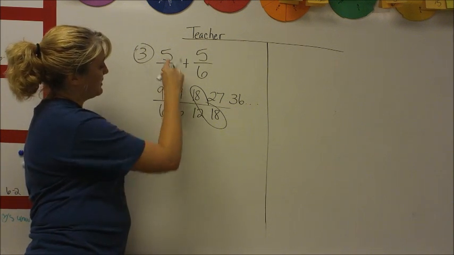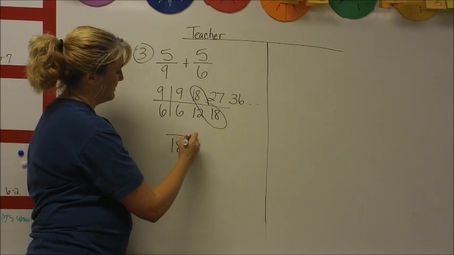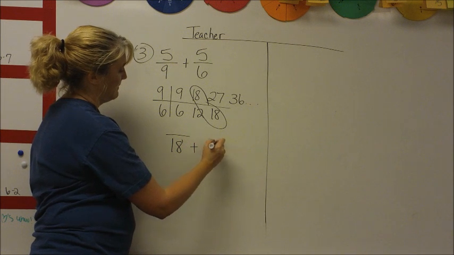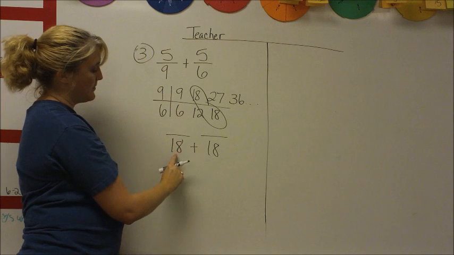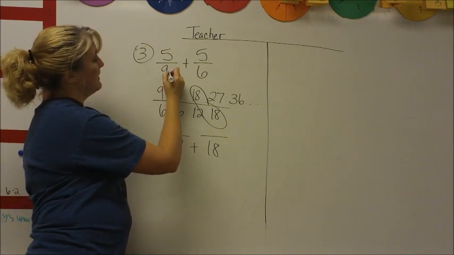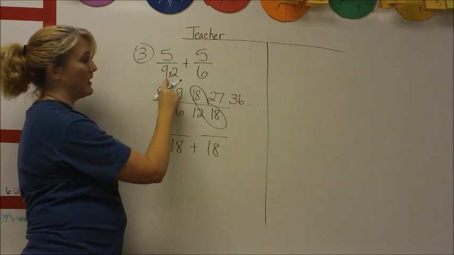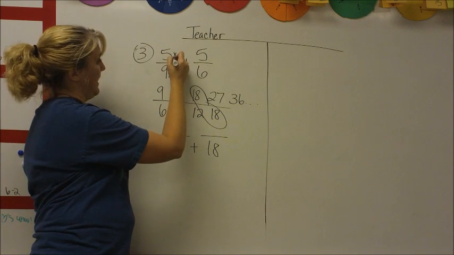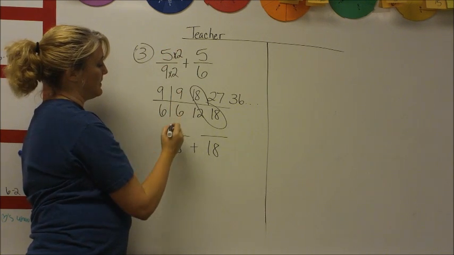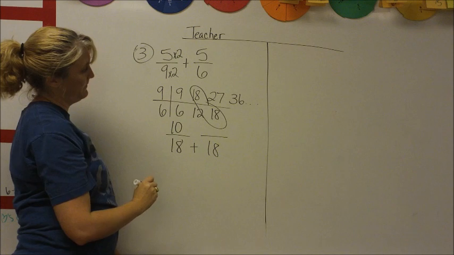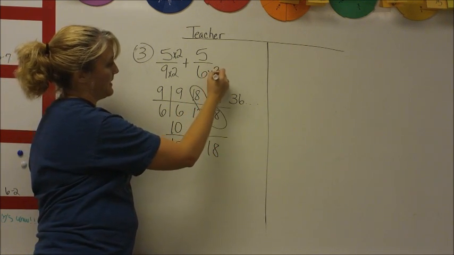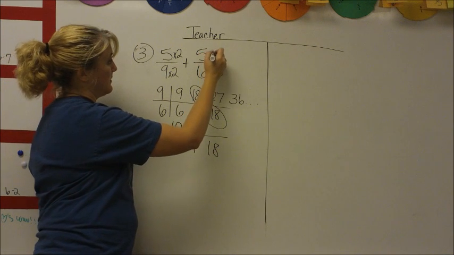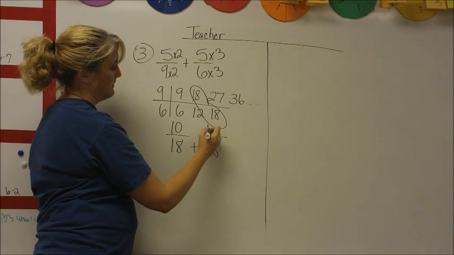Alright, so I've got to change both of these numbers. Okay, we'll do the 5/9. 9 times what equals 18? 9 times 2. So what I do to the bottom, I have to do to the top. 5 times 2 is 10. 6 times what is 18? Well, 6 times 3 is 18. So I have to also multiply the top times 3.